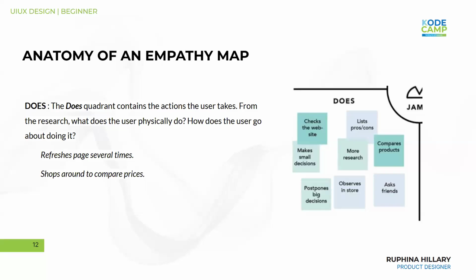What are they physically doing? How are they using that application? Examples here are refreshes several times, hops around to compare. Like I don't know if you remember the example I gave where I talked about having the sign up and the login at the top right section of your website.